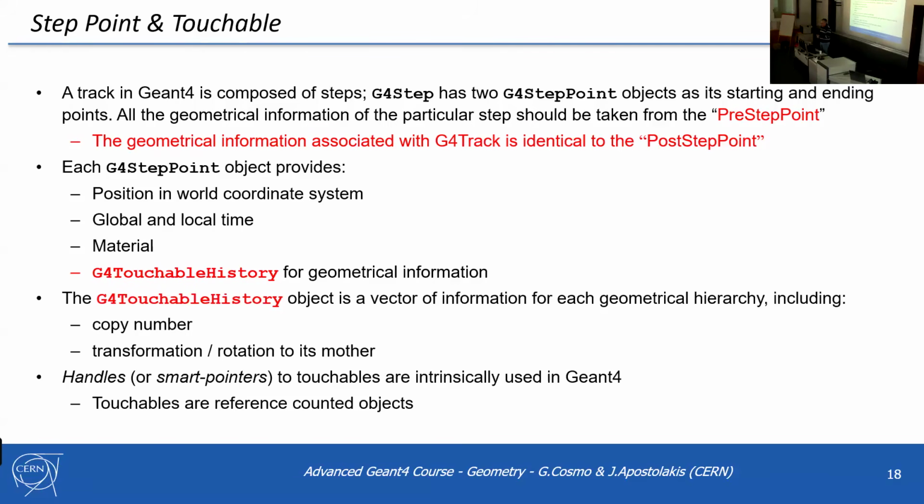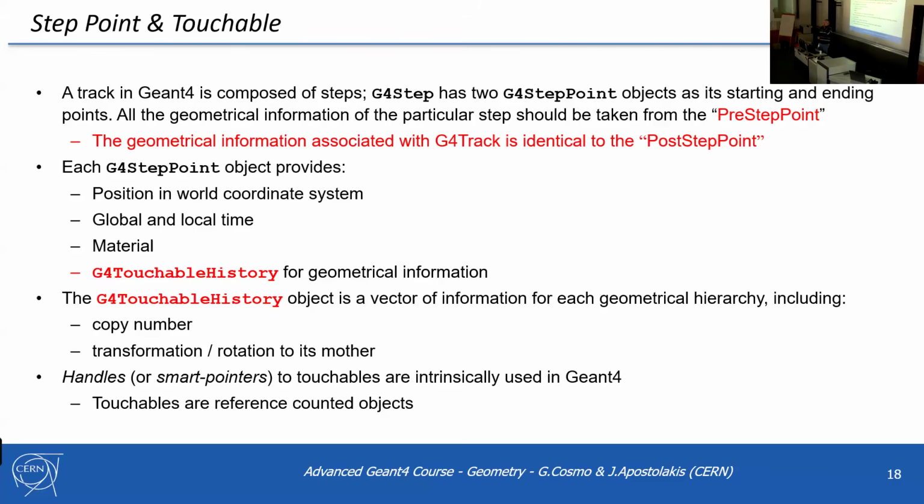So the touchable history is like a vector of information of each geometrical hierarchy. It includes the copy number, and the transformation and rotation of the volume in the mother, and it is accessed through handles or smart pointers. The touchables are special objects that are reference counted.